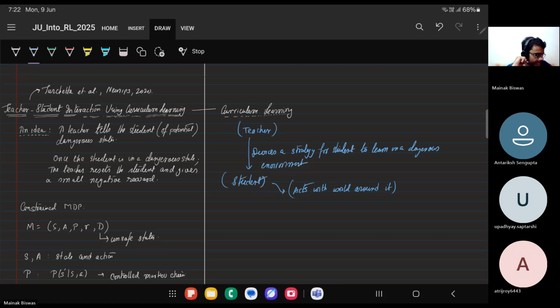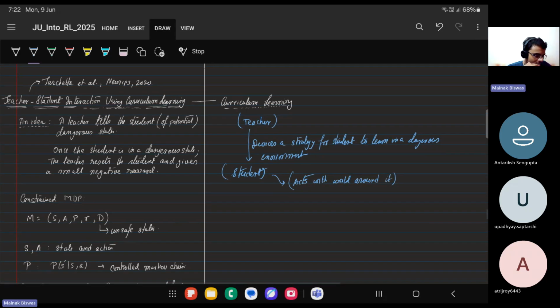Fine. This was a very recent paper, 2020. I did my course project in RL on this paper. So I'll just briefly tell you what this is about so that you have an idea of the recent frontiers in reinforcement learning. Is the teacher's objective and the student's objective largely clear?